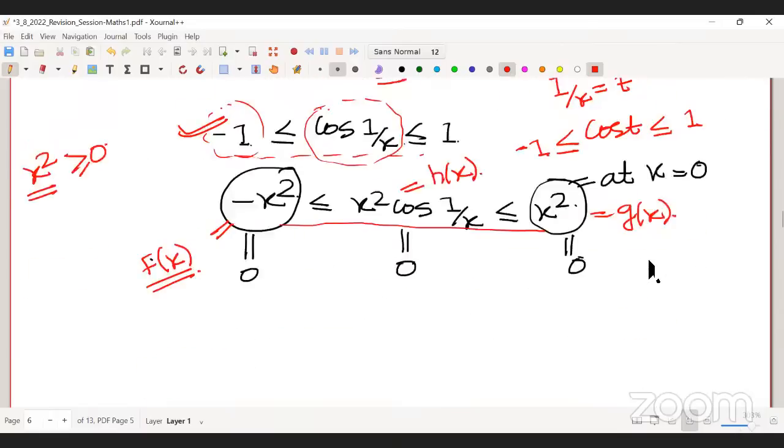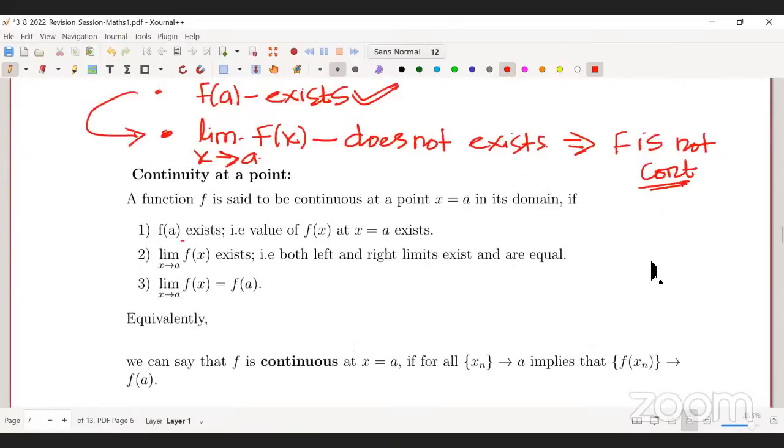The next thing you need to do: suppose the limit of the function exists. Then the third step is this. If the first thing doesn't hold, then from there you say that this function is not continuous. If the second step doesn't hold, then from there itself you say the function is not continuous.